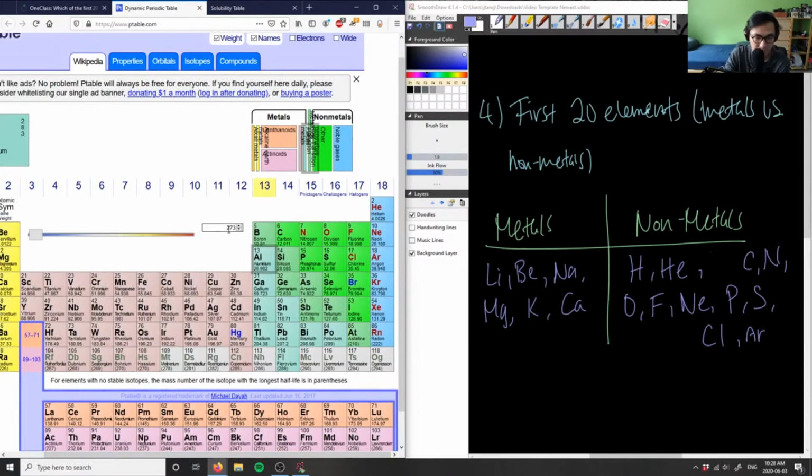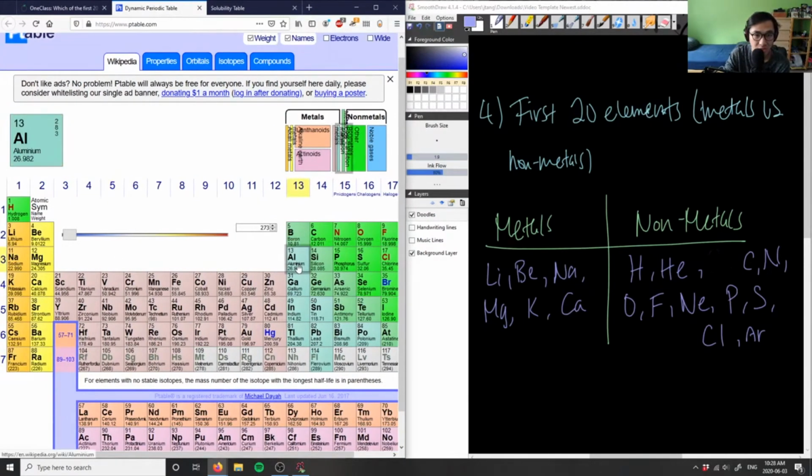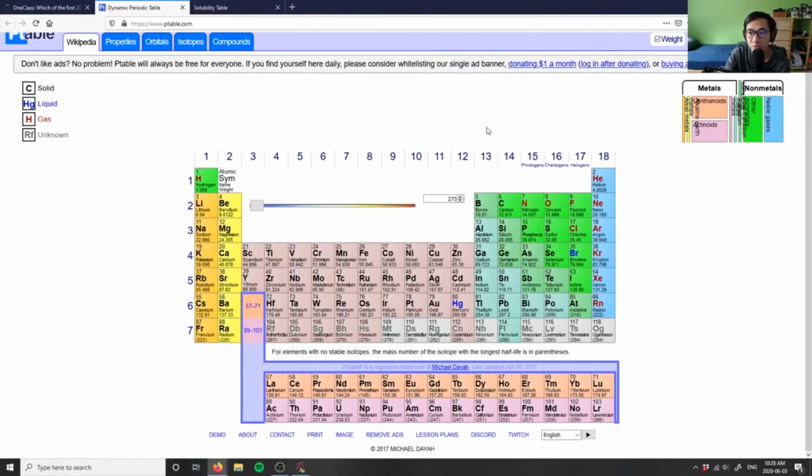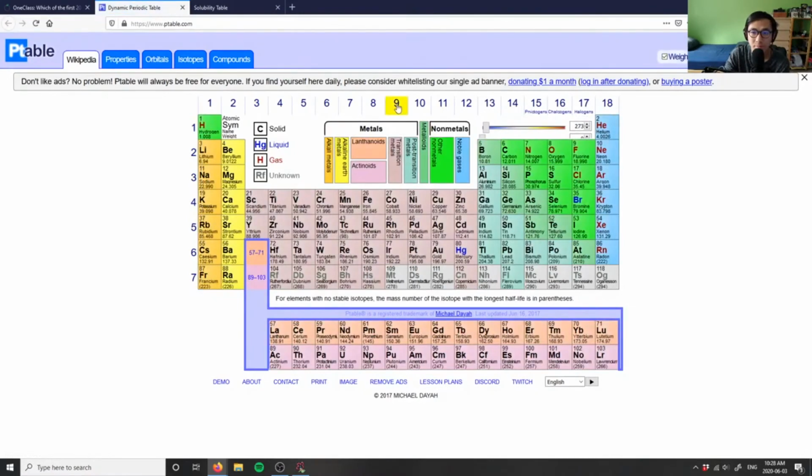Aluminum is here. Let me see if I can maximize this first for you to see. Aluminum here is a post-transition metal. So I guess in this case, this one would be considered a metal. So boron, silicon is kind of the cutoff here.